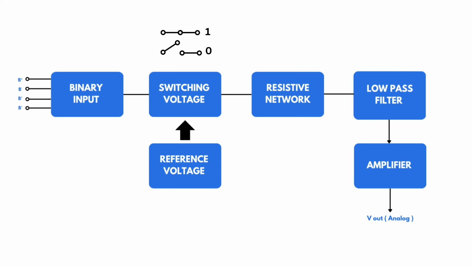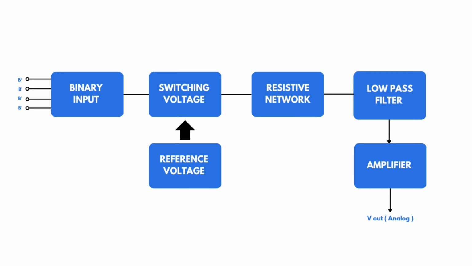Based on the resistive networks, we have two types of DACs, weighted resistor and R2R resistor. In a resistive network, the bits that were 1 are passed through a resistor to generate some voltage drop. As the switch is closed for the bits that were high, some current is passed.